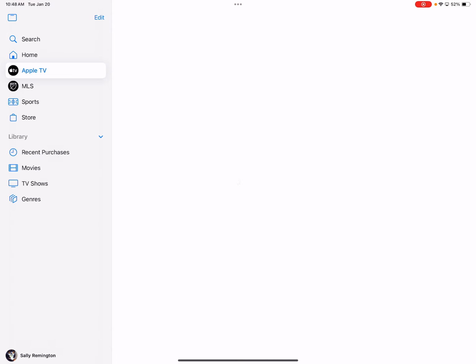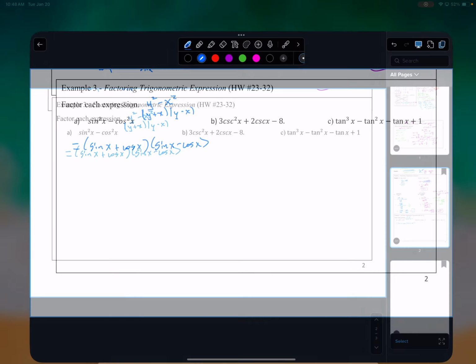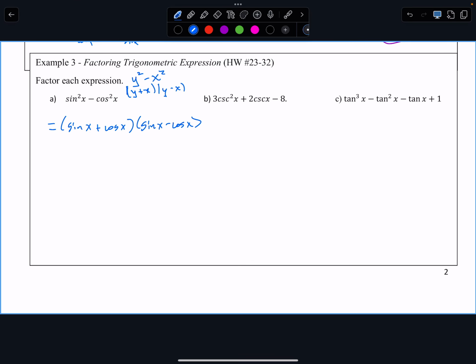Oops, that's not what I want to do at all. All right, so on the next one, see this as, say, 3x squared plus 2x minus 8. Think of it as quadratic. You have a cosecant squared, then a cosecant, and then an 8.